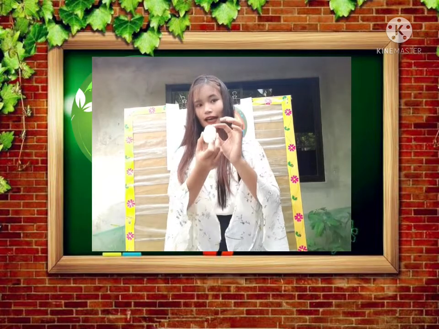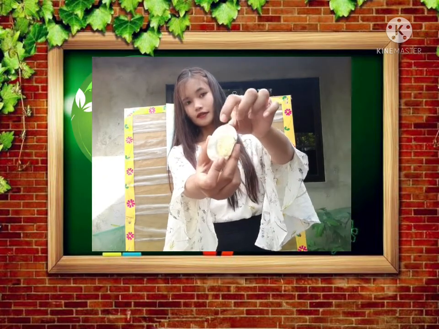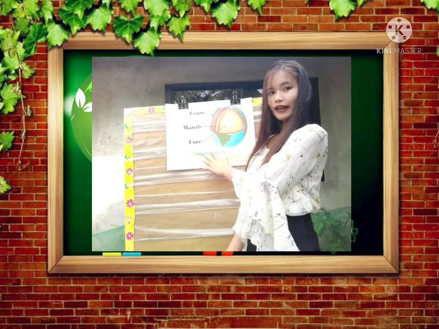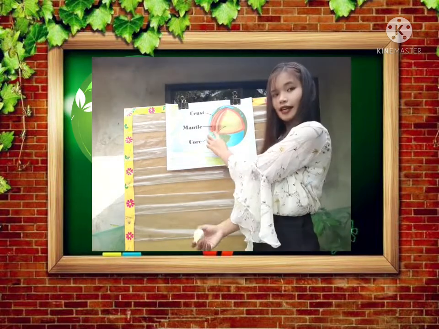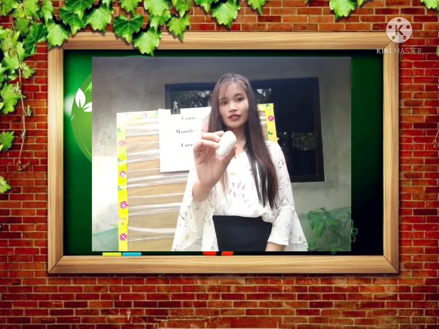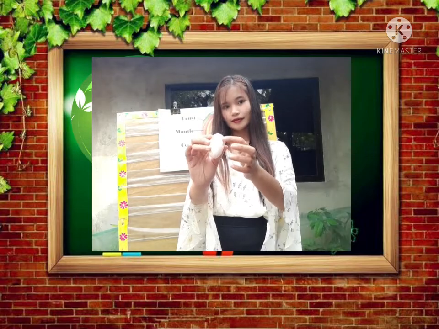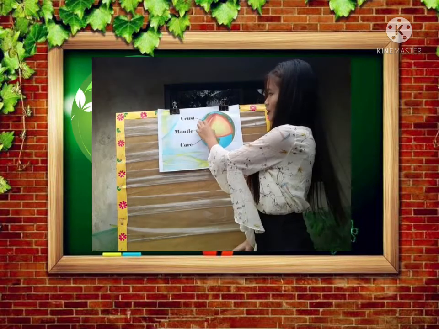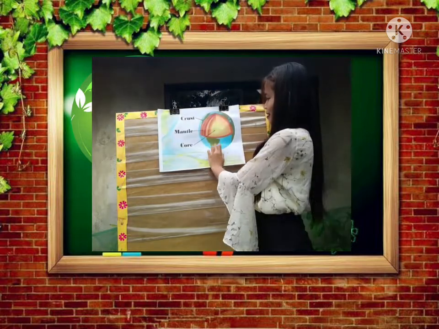How about the egg white? Yes, Leia? Right. The egg white represents the mantle. How about this hard solid shell of the egg? Yes, Nelly? Correct. It represents the crust.